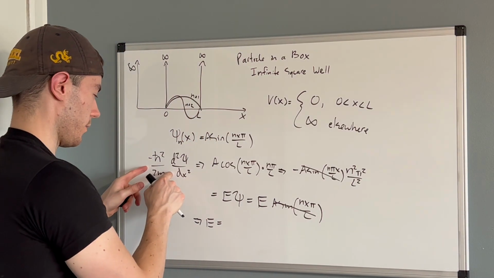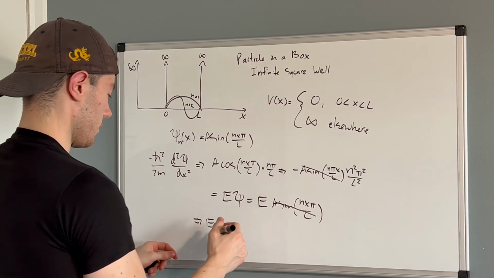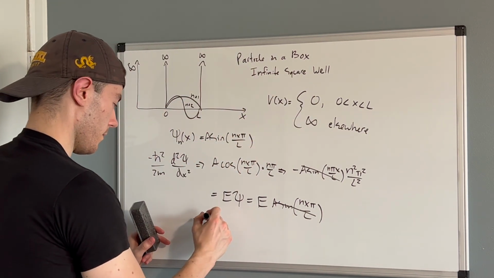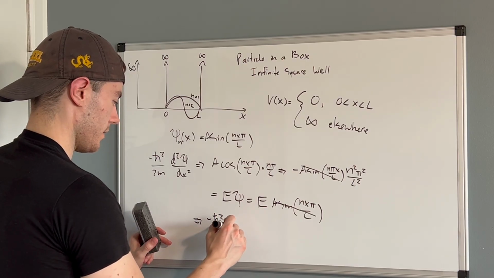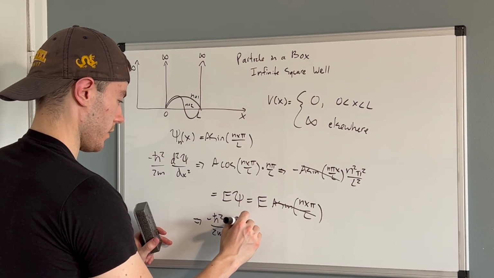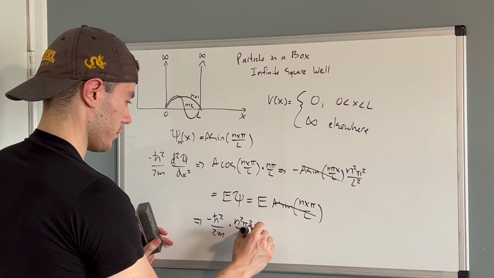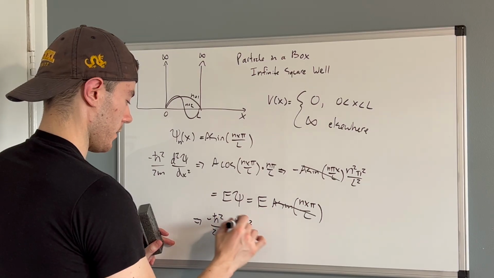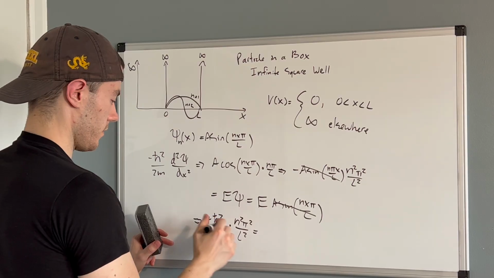this minus h bar squared over 2m multiplied by this. So we're left with minus h bar squared over 2m times n squared pi squared over L squared equals E. There's a minus sign here, and there's a minus sign here, they cancel.